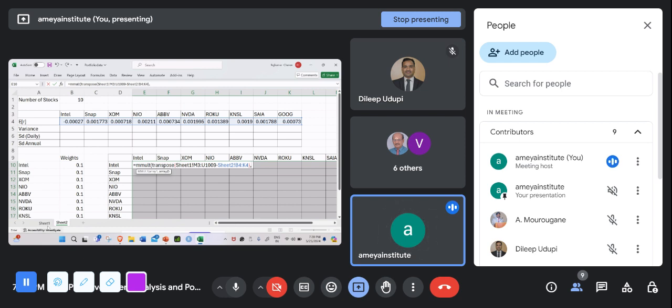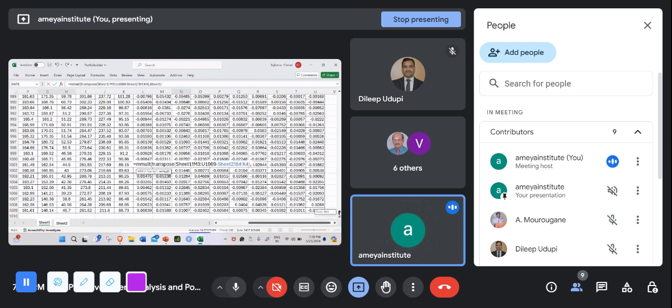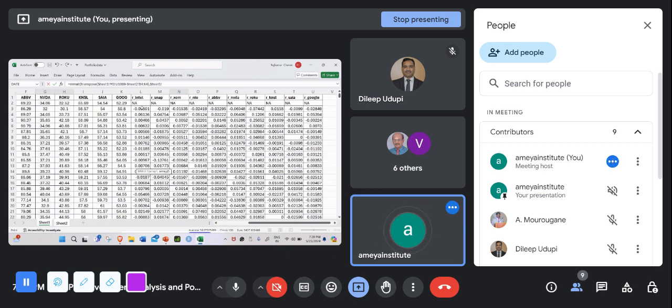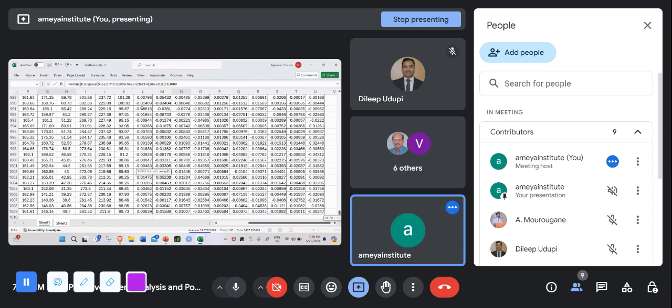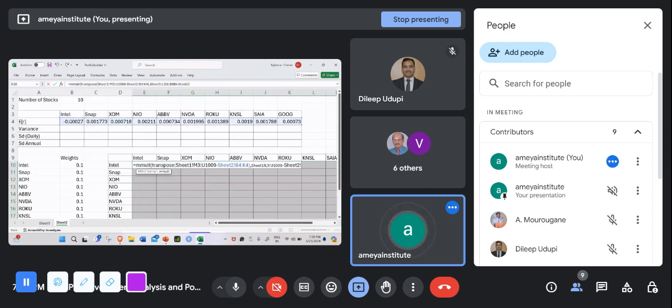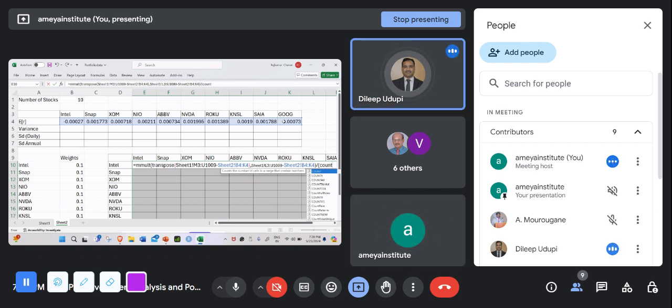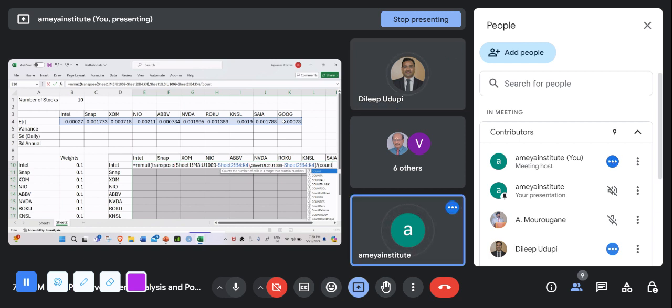Again sheet 1. Now it has the transpose, then you have to multiply with that. Again we'll select the entire returns here, minus sheet 2 expected return, close the bracket, divided by COUNT.